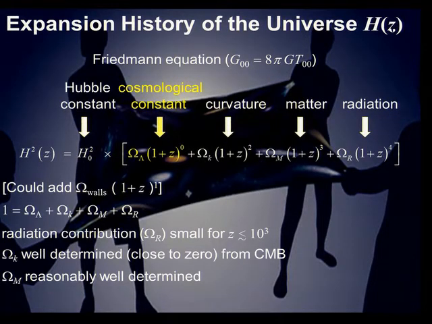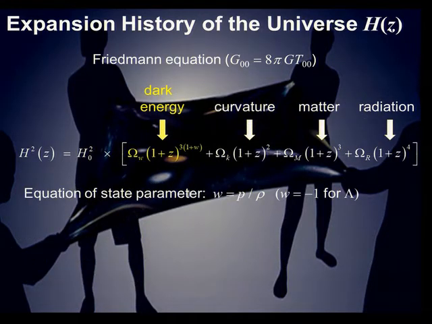Now, perhaps adding a constant energy density to the vacuum is not correct. Perhaps it changes in a different way as the universe expands, so a more general addition of vacuum energy would scale as (1+z) to the 3 times (1+W), where W is an equation of state parameter, the pressure over the energy density.